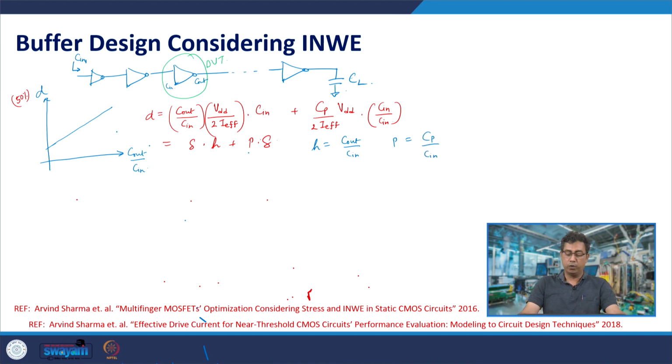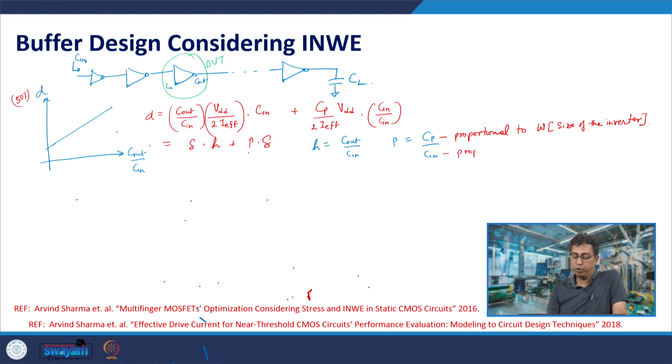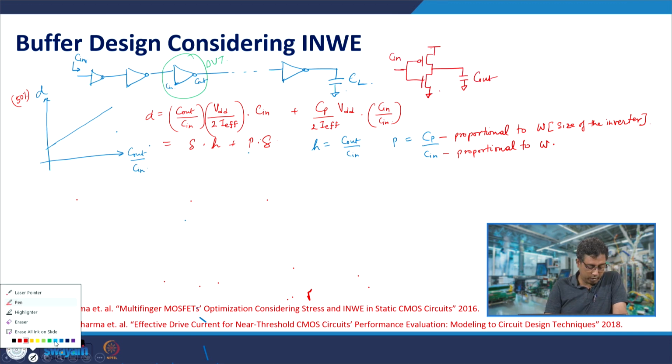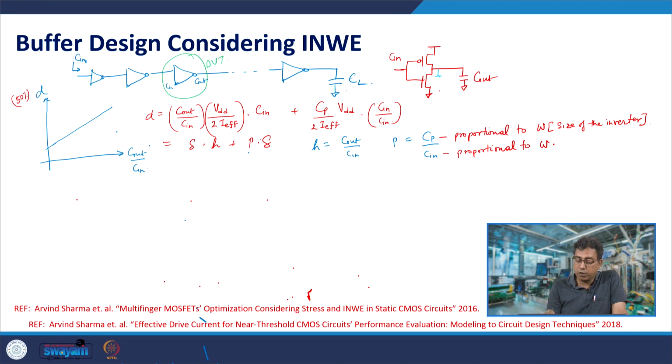As we know, the parasitic capacitance Cp would be proportional to the width or the size of the inverter, and C in would also be proportional to the size of the inverter. Suppose for a template inverter, this is the device under test and the parasitic capacitance is shown as Cp.